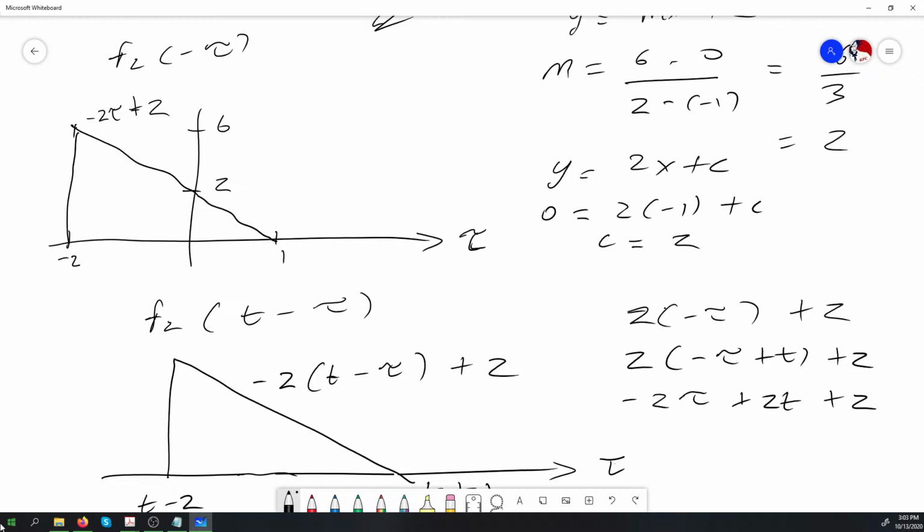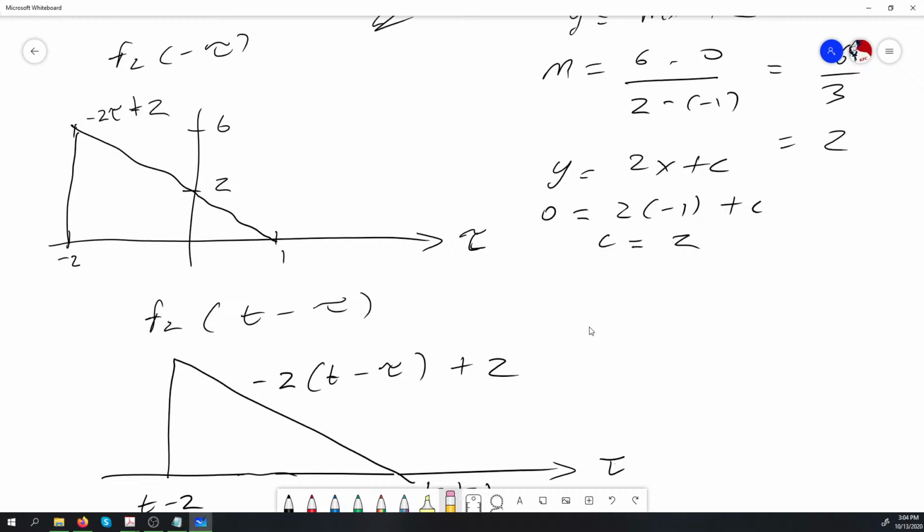I'll rearrange the work in here for you guys so that you can see what I'm talking about. So f of 2 minus tau here was equal to 2 into minus tau plus 2.